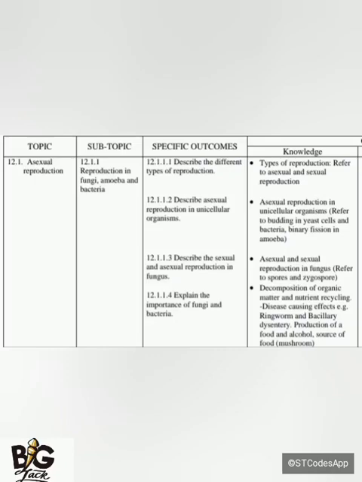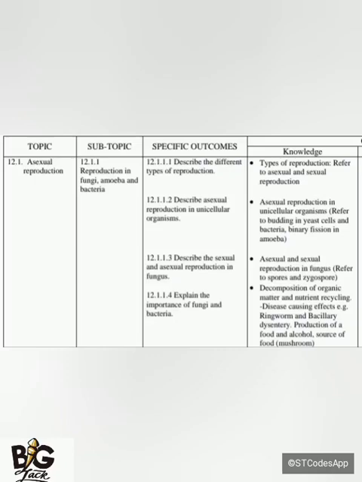Okay? They refer to spores and zygospores. So when spores are formed, which means there is what? Asexual reproduction. Now, if a zygospore is formed, which means there is what? Sexual reproduction.